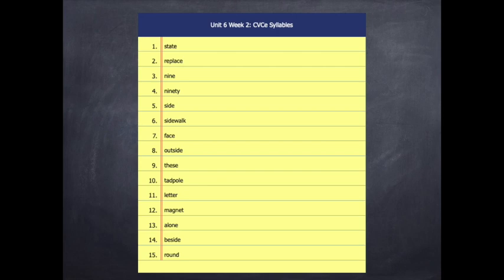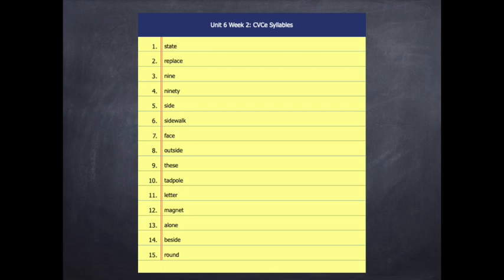But we still say side the same way, so we can break it up into those 2 words. 7 is face. 8 is outside. 9 is these. 10 is tadpole. 11 is letter. 12 is magnet. Those are a review from last week. And then 13, 14, and 15 are also review: alone, beside, and round.